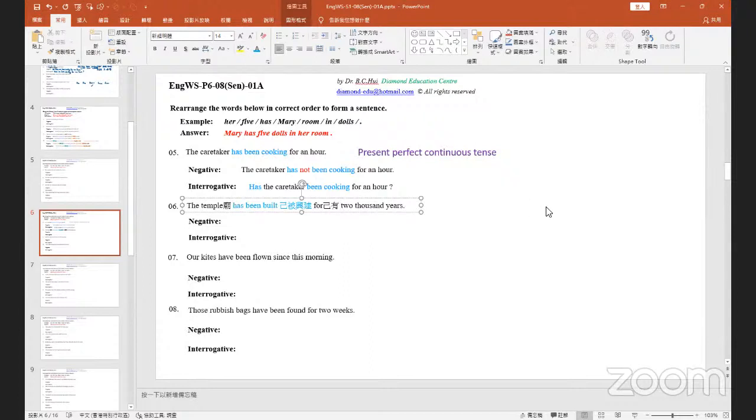This is passive voice. Present perfect simple tense. Present perfect tense, in passive voice.